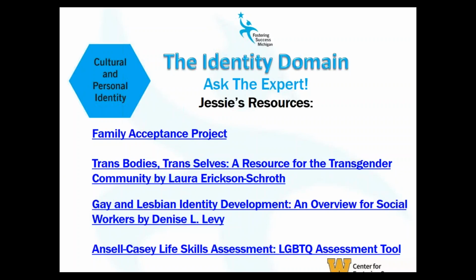Lesbian identity development is, I think, a very accessible overview for social workers, but it's also a great reminder and tool to help guide us through understanding that, especially when we work with young people over the course of years, sometimes the way that they name their identities changes, and that doesn't mean that they're confused or that that's a symptom of something that happened to them necessarily.